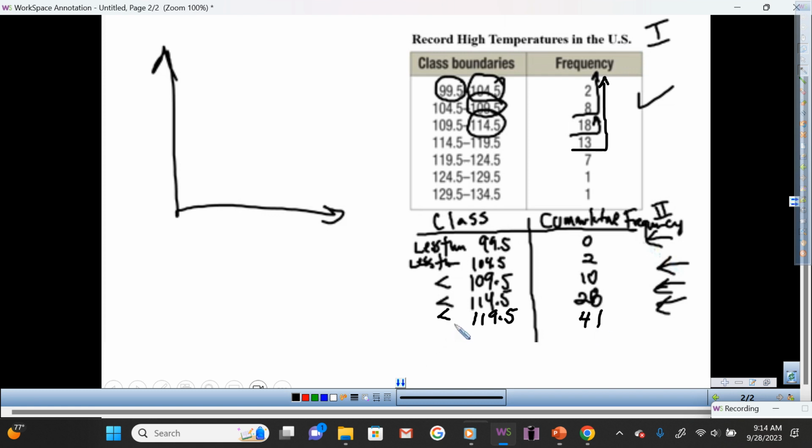And then less than 124.5. What do you get for that, Mia Victoria? 48, thank you. And then less than 129.5. What'd you get for that, Clarissa?